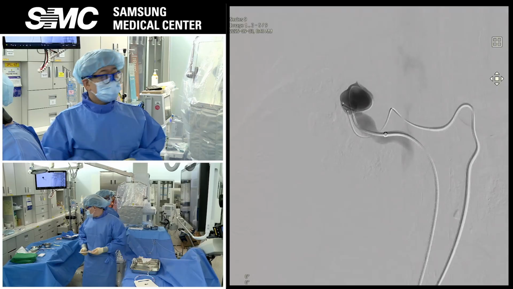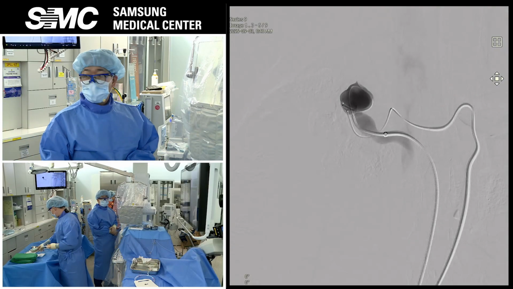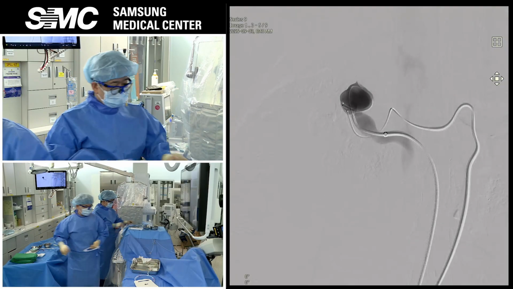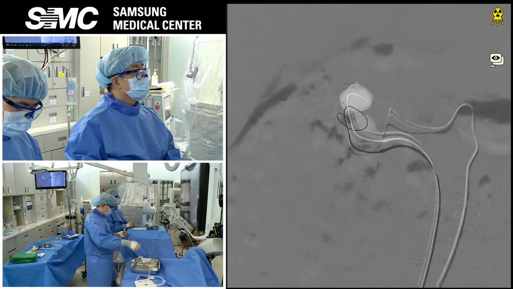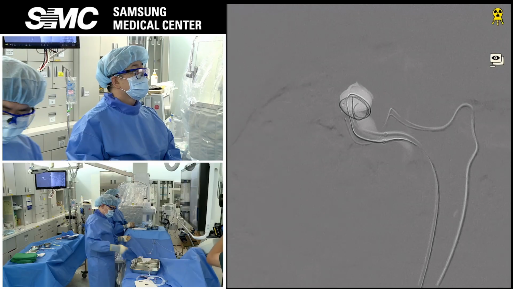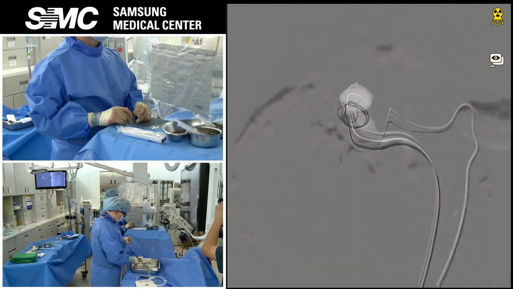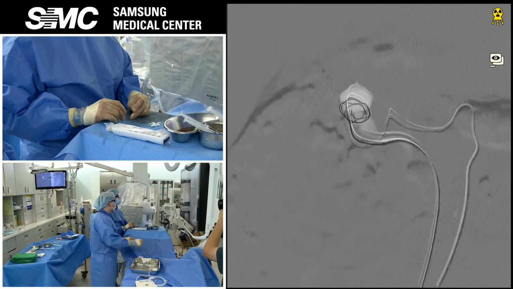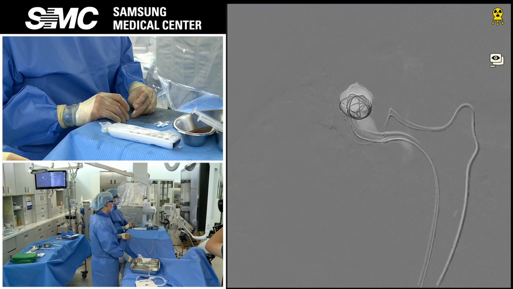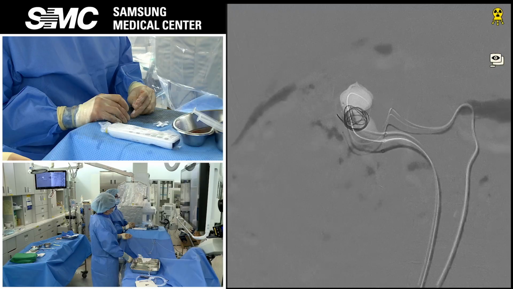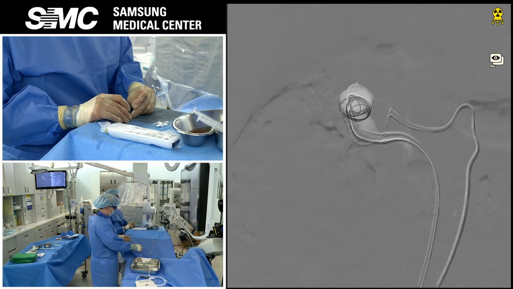We will embolize the sac with a coil first. This is the 3D coil, 12 millimeters in diameter, and the length is 40 cm.